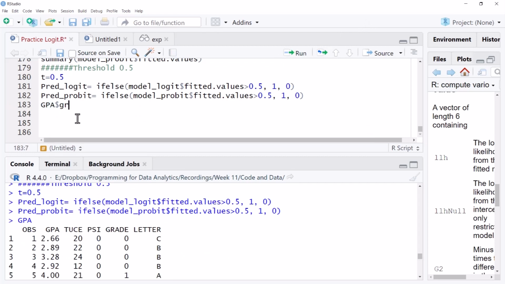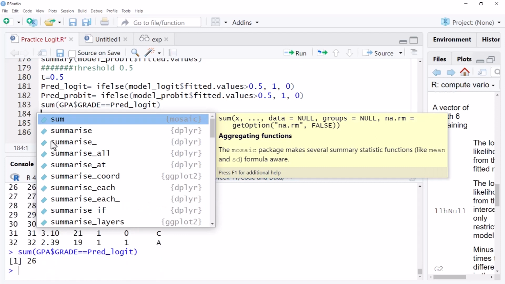So this is my actual values. If it is equal to predicted values, then it will be true, and we'll sum it up. So this summation will give us the correct values.